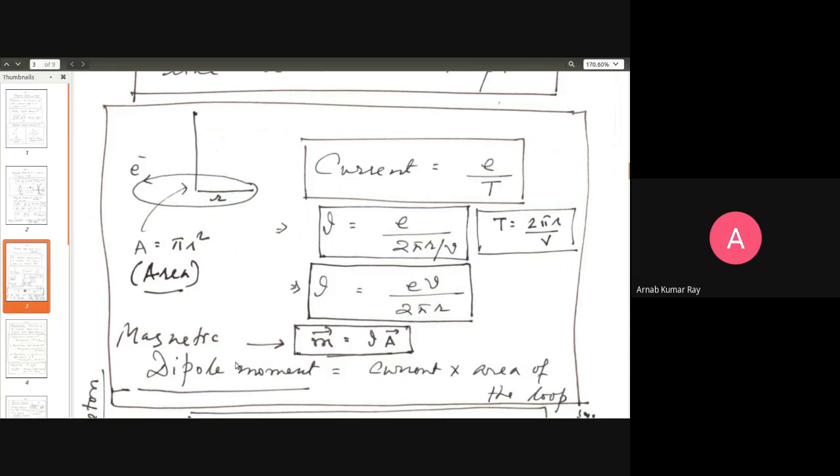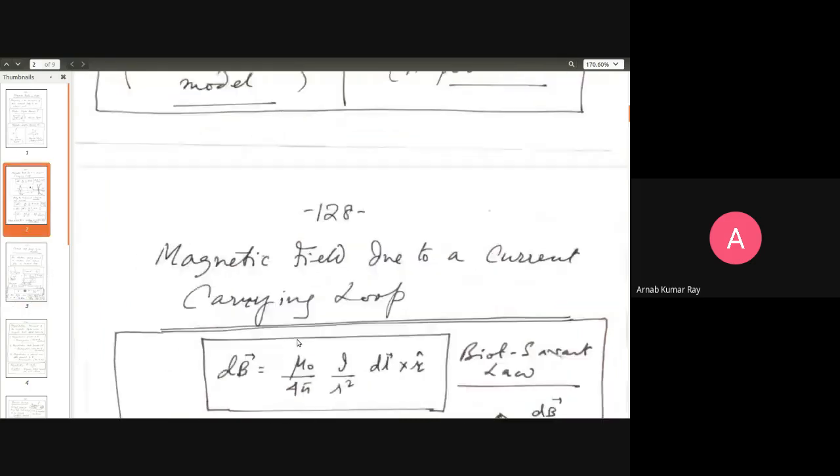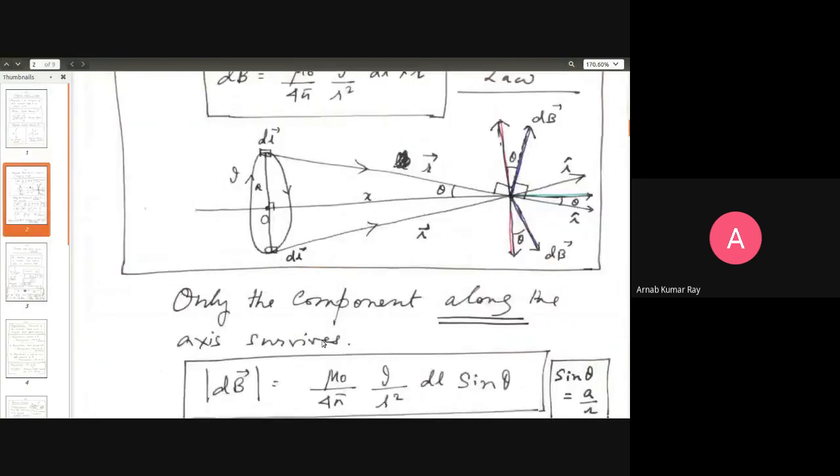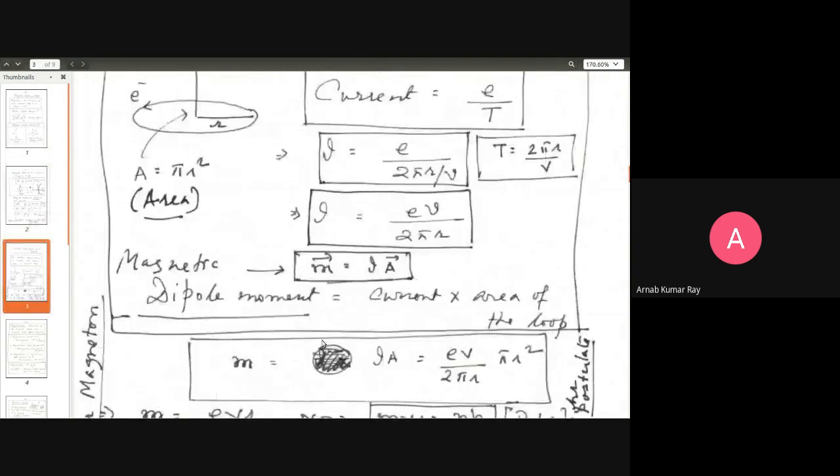Magnetic dipole moment, just like electric dipole moment is defined as charge into displacement, the magnetic dipole moment is defined as, be a little careful, don't confuse this m with mass, although it's all too common to write m as mass in physics, but here it's m vector.